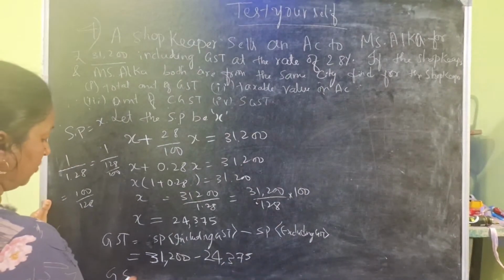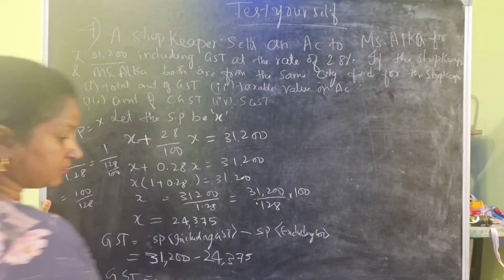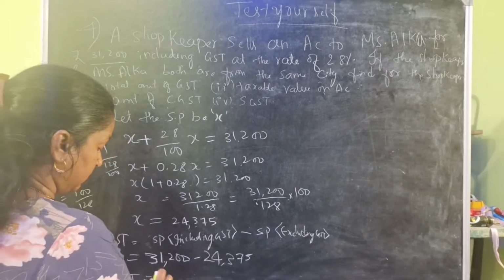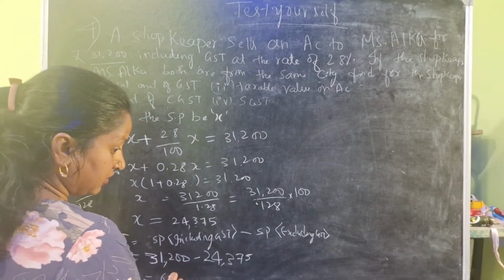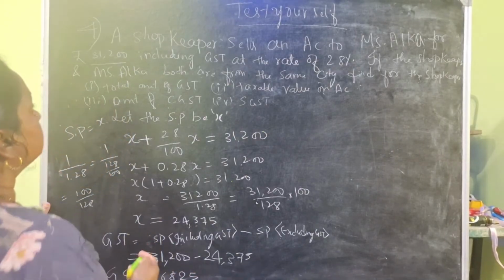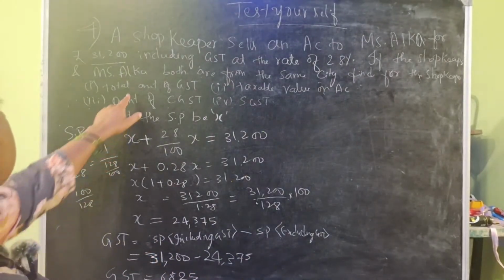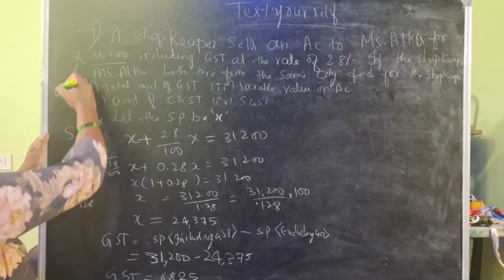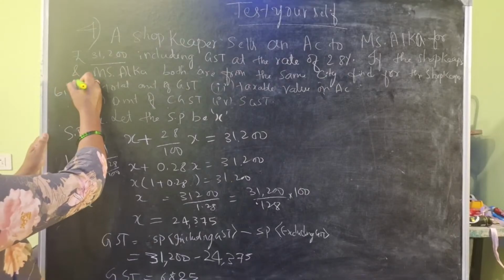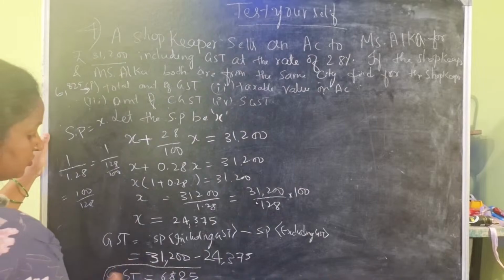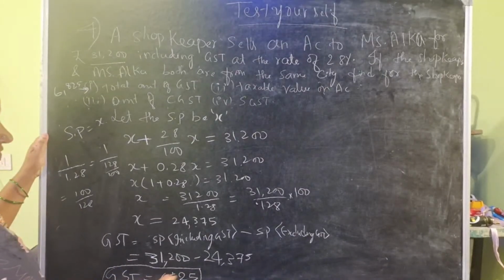So the GST amount is 6,825. So the answer for the first question is 6,825. So the GST amount is 6,825.